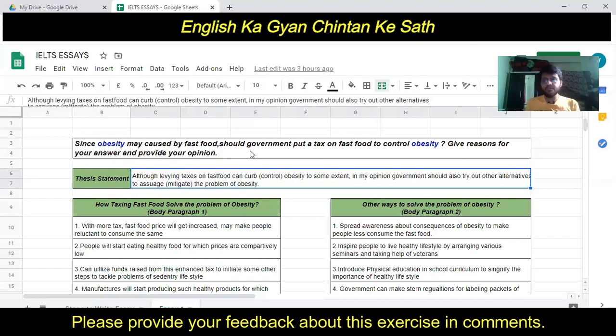And believe me, if you write a diplomatic thesis statement, it will be beneficial for you. Here you can also say that applying taxes would be the best way to control obesity nationwide or something like that.